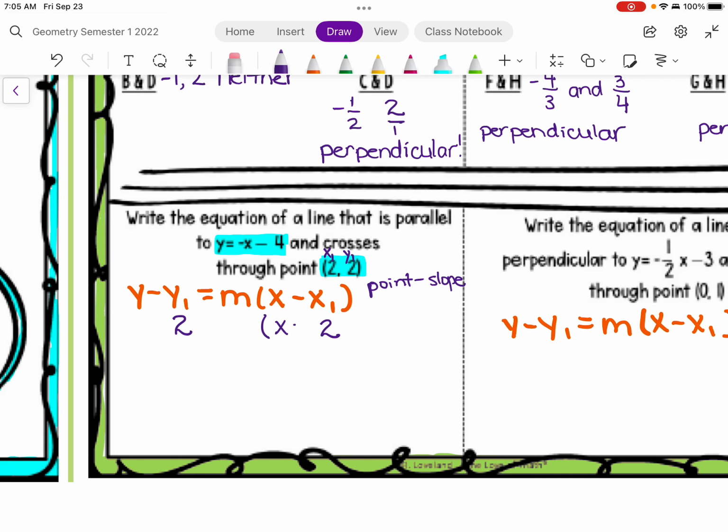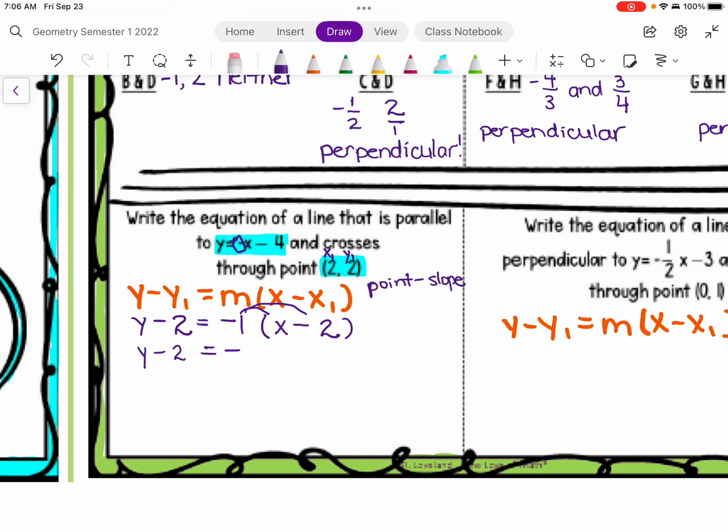I'm going to bring down the x, bring down the y, and then I have to look at the slope. What is my current slope? Well, it's this -1 out front, and to be parallel it has to have the same slope. Okay. If I want to get it to look like y equals mx plus b, I'm going to distribute that negative sign.